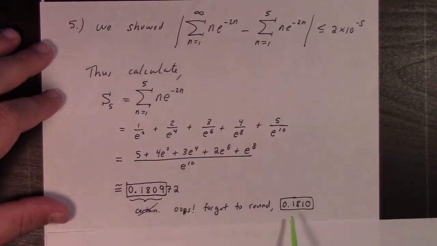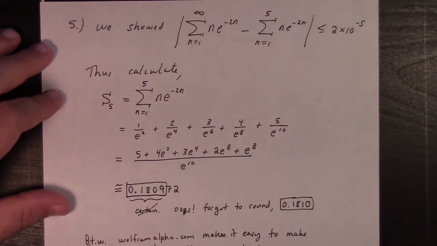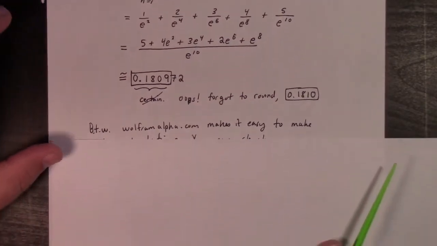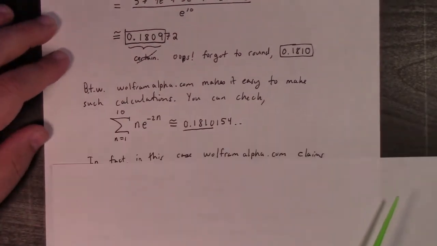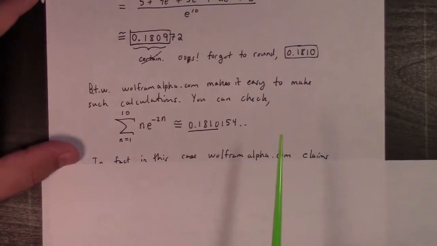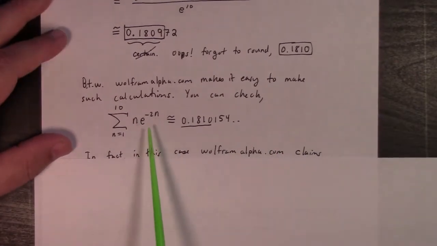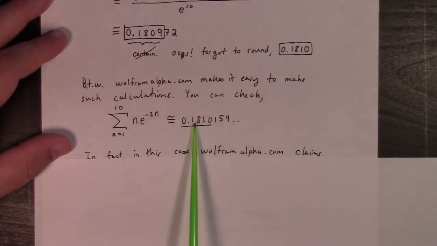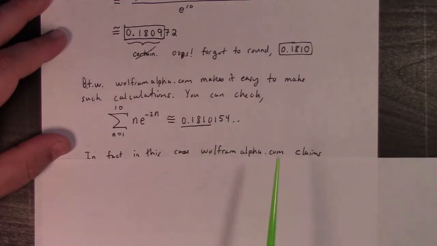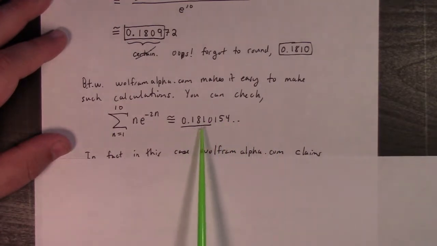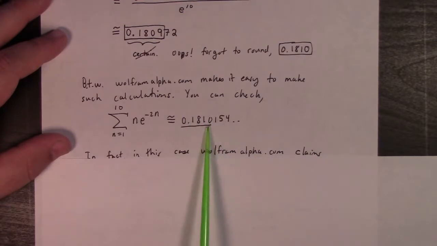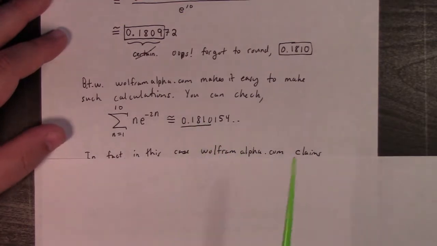Oops, I forgot to round, 0.1810. By the way, you can check with Wolfram Alpha. For example, it's not hard to use Wolfram Alpha to calculate the 10th partial sum, and if you do that, you get 0.1810154, which is very encouraging to me because it shows that if you took a bunch more terms, you still haven't changed these digits yet.